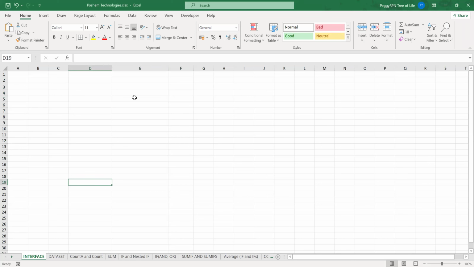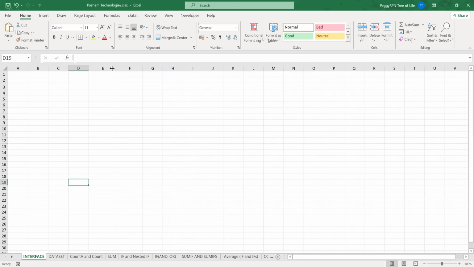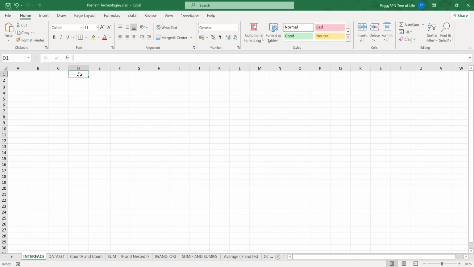Another thing you want to know is, if you notice, when you type into a cell, a part of this name is actually entering into a different cell.